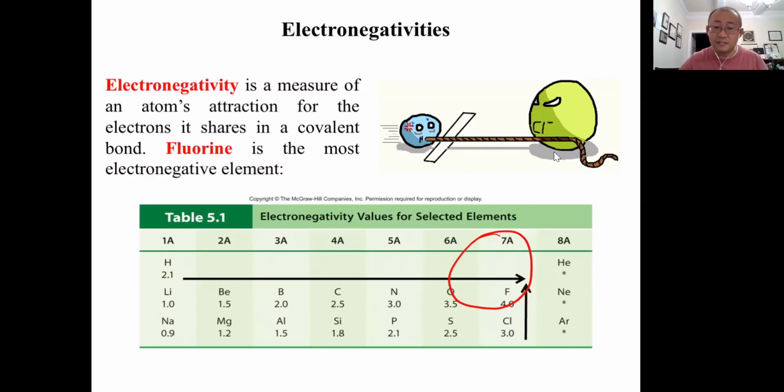But you can also see that non-metals, nitrogen, oxygen, sulfur, chlorine, have higher electronegativity than metals because they attract electrons. They like electrons.